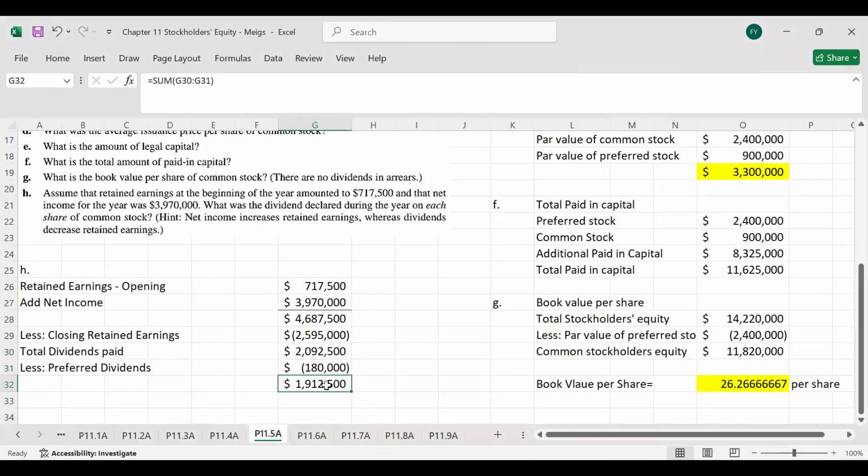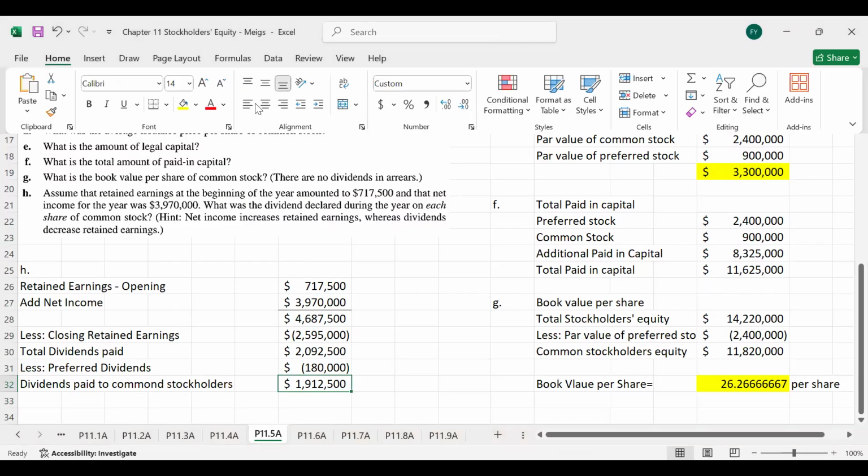This amount, 1,912,500, is the total amount of dividends paid to the common stockholders.